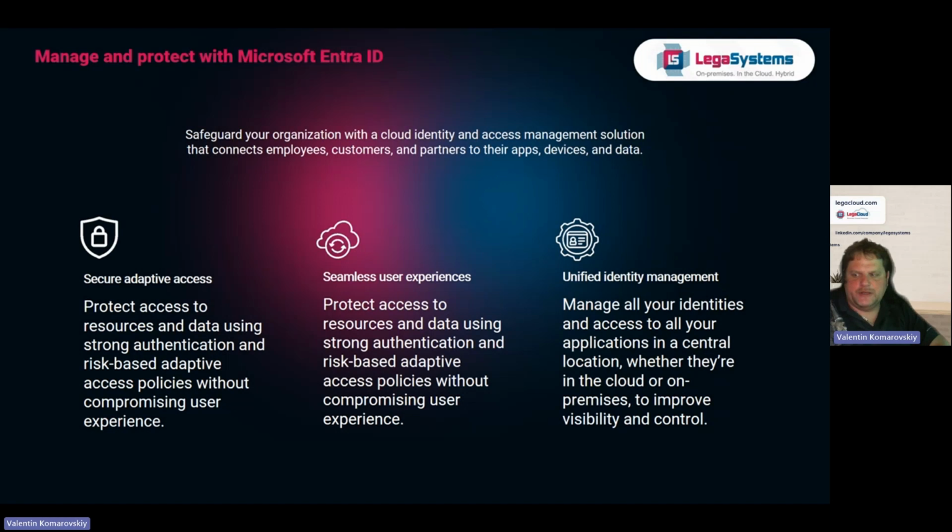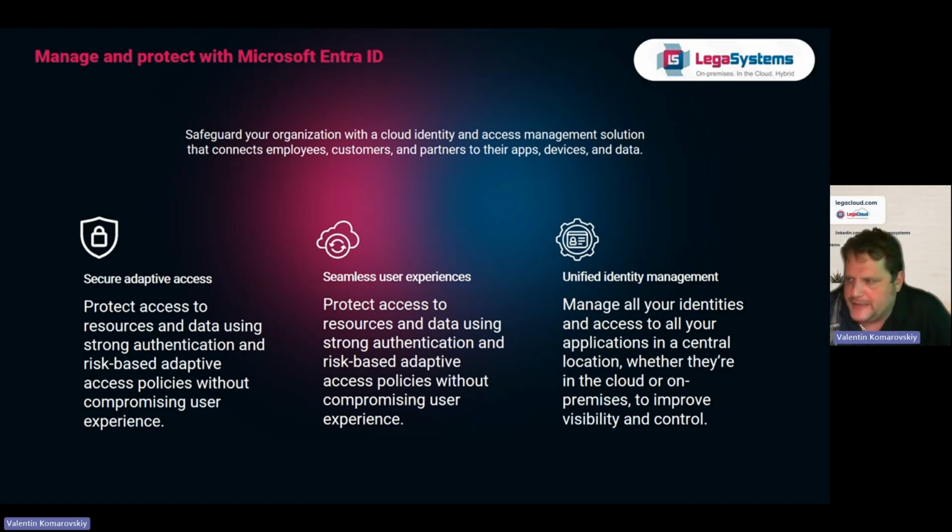Seamless user experience: you want to provide enough monitoring and enforce strong authentication practices, but also do so without compromising user experience. So user experience is important. If users complain about their experience, no matter how secure it is, it will probably be damaging to you as a security organization, because that balance is not properly kept.